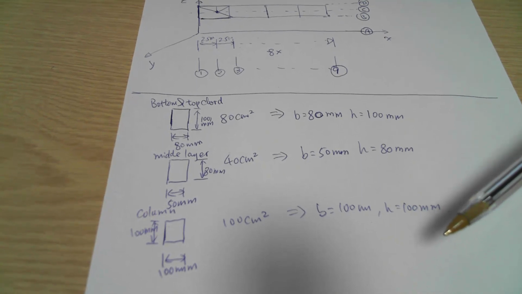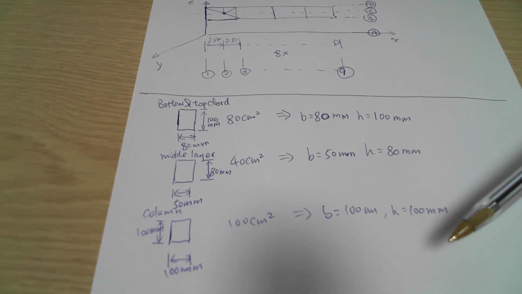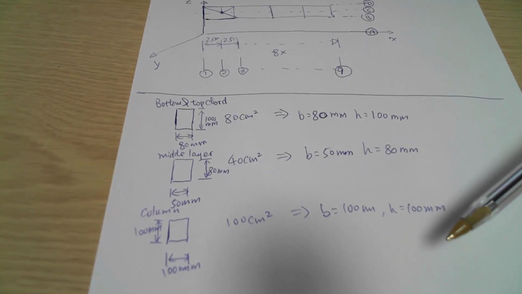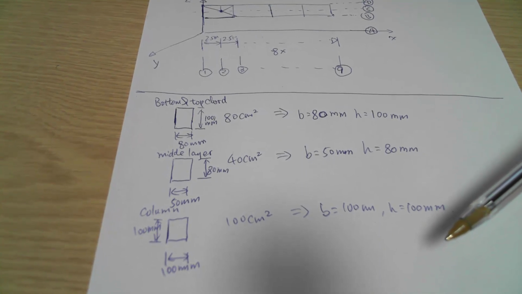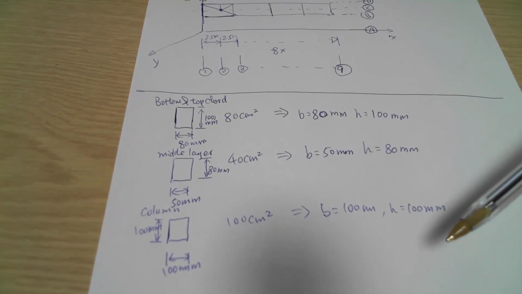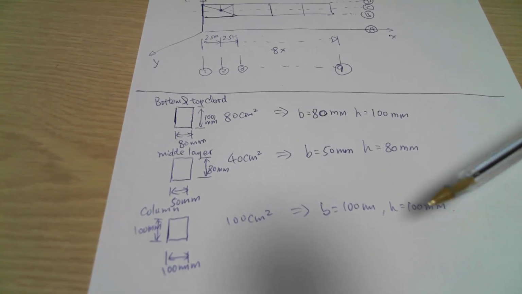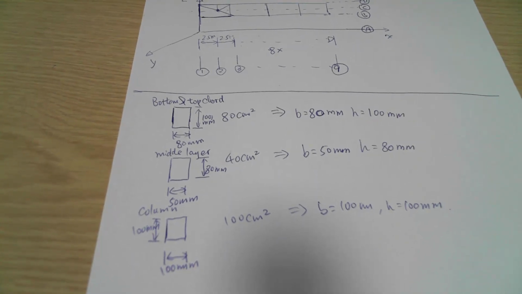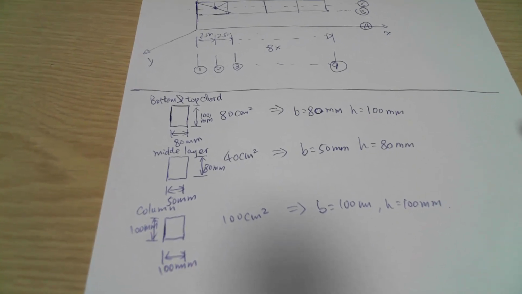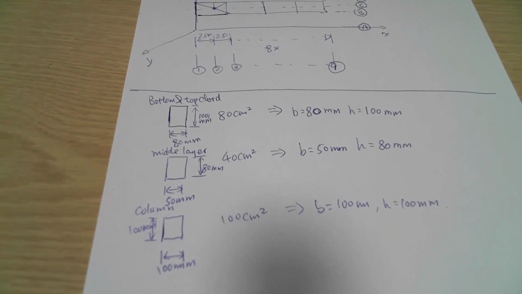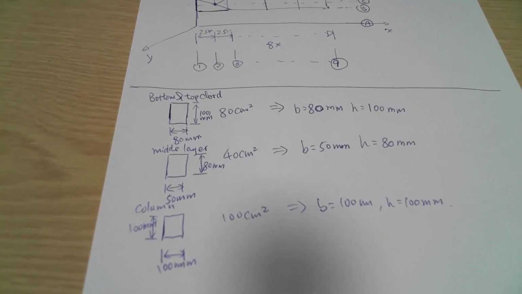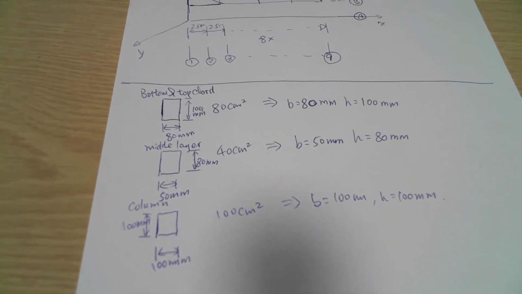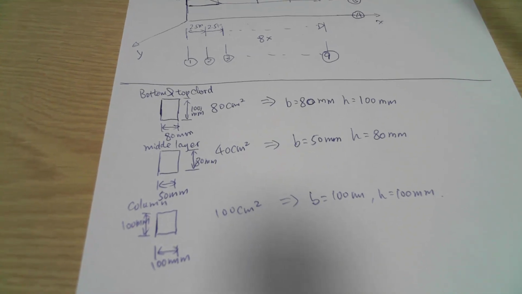So to enable us to do this model more efficiently and then do the calculation later on, to demonstrate the methodology we are using later in this video, we better keep it simple, so everyone is a solid rectangular cross section.